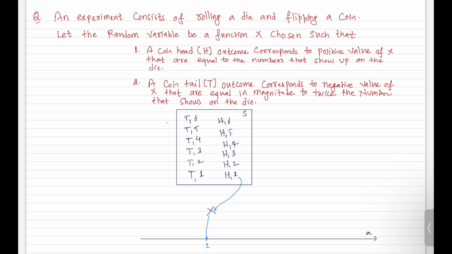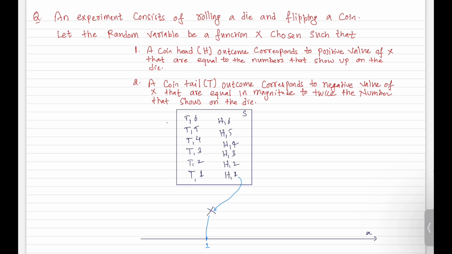Let's suppose we did the experiment, flipped the coin and got the head, and rolled the die and got 1. So according to the given information, this random variable will take this as an input and map it to whatever we have got on the die. We have got 1, so that is why it is mapping to 1. Basically, the function here could be anything that will be given in the question, maybe in this form, or directly given as a function. We will see such examples also.